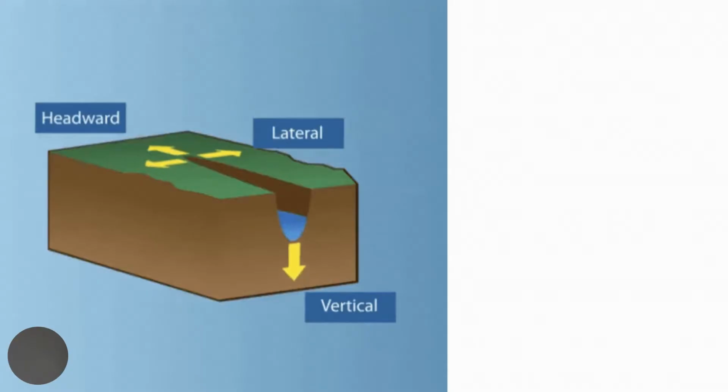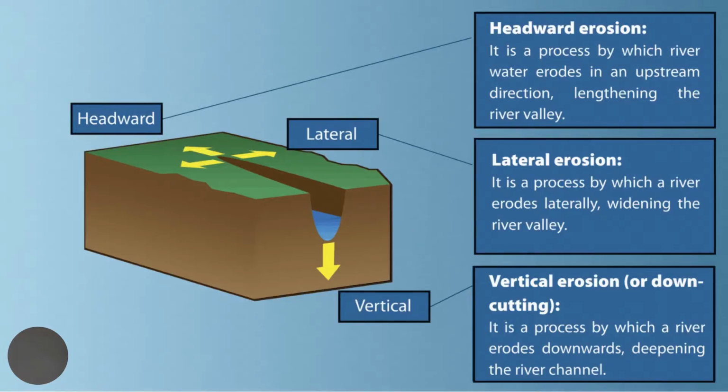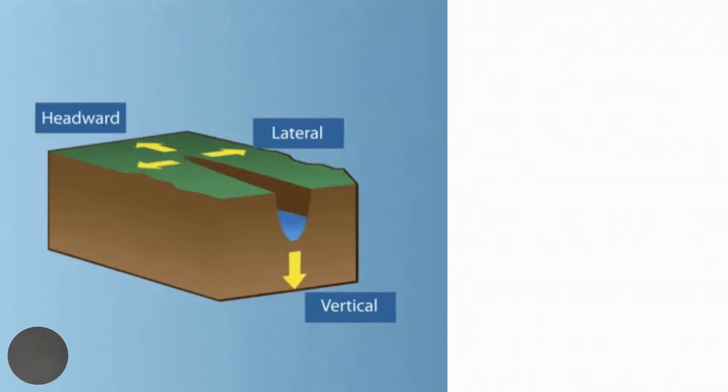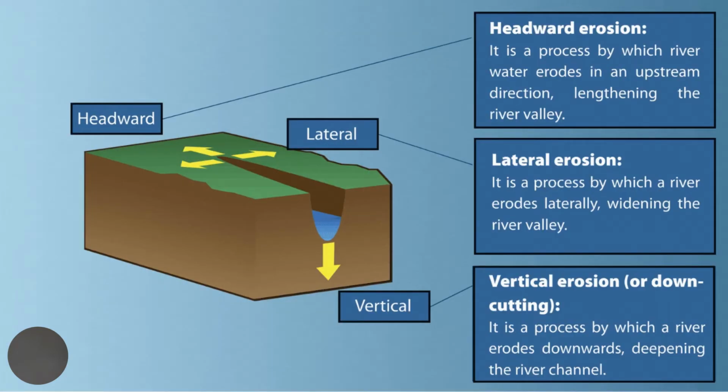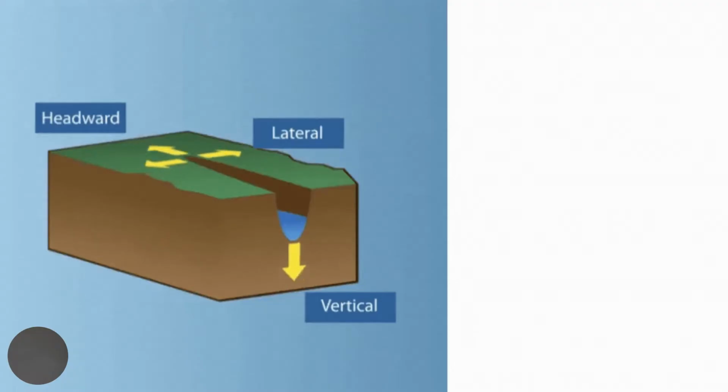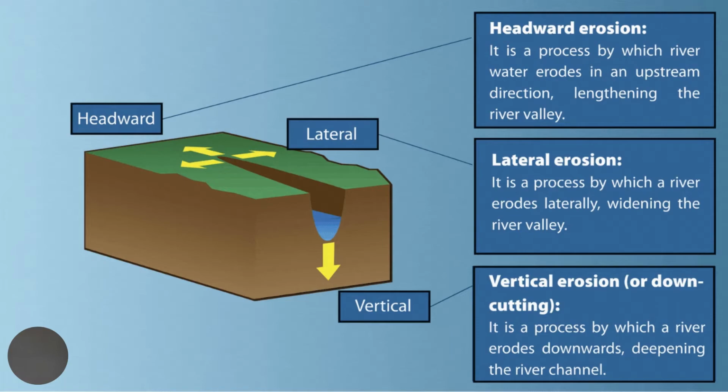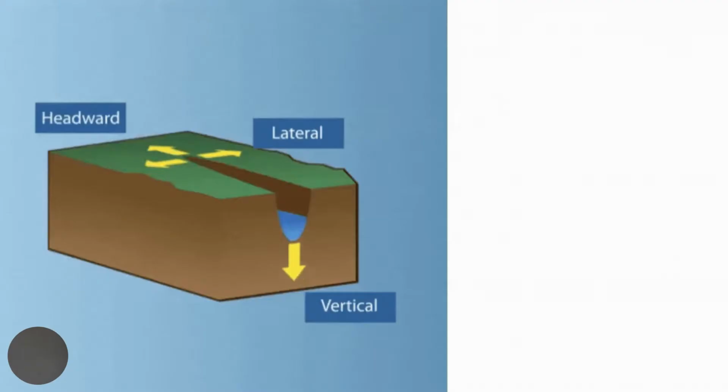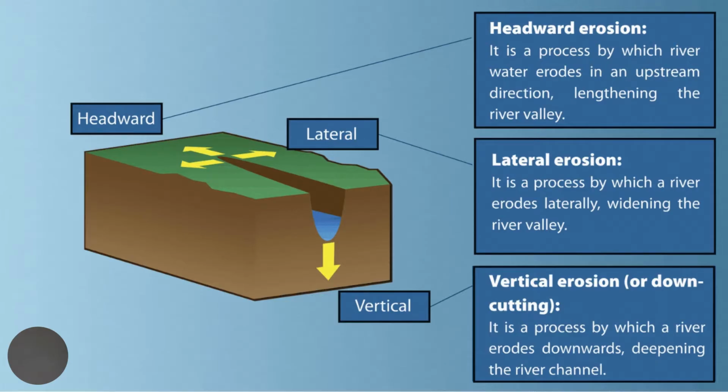Headward erosion will therefore lengthen the river channel. Lateral erosion is a process by which the river erodes sideways, and therefore lateral erosion is able to widen the stream channel. Vertical erosion is a process by which the river erodes its bed, or erodes downwards, which deepens the channel.